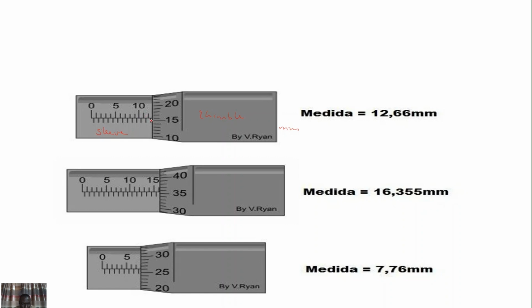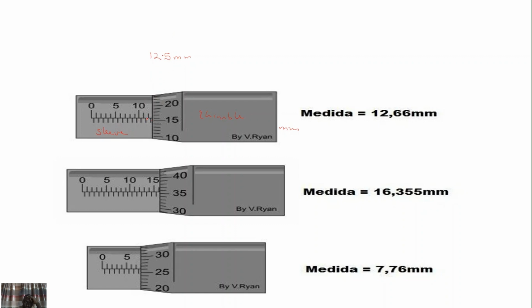Okay, that is 12.5 millimeter. You have settled the sleeve scale.